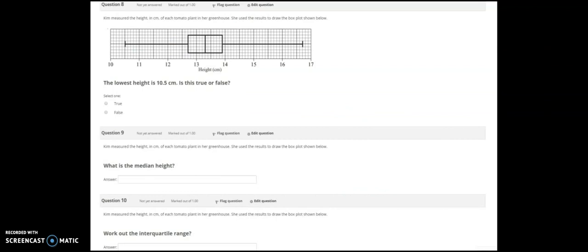Question number 8. Kim measured the height in centimeters of each tomato plant in her greenhouse. She used the results to draw the box plot shown below. In a box plot, this would be the lowest value. This is the highest value.